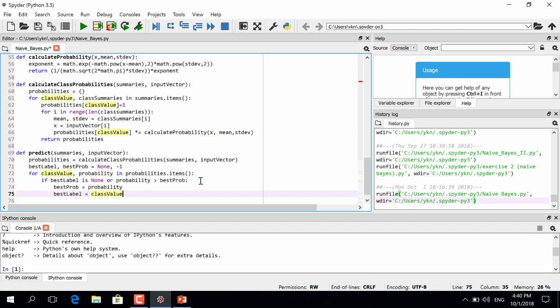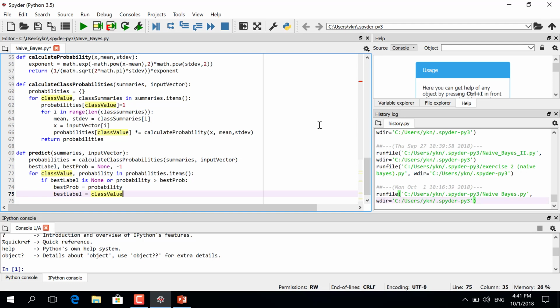All right, I can explain these last five lines. Here we have best level, comma, best prop equal to none for the last column, -1. It means at first we do not have any decision whether a certain row that we would like to predict is +1 or -1, yes or no, or maybe black or white.